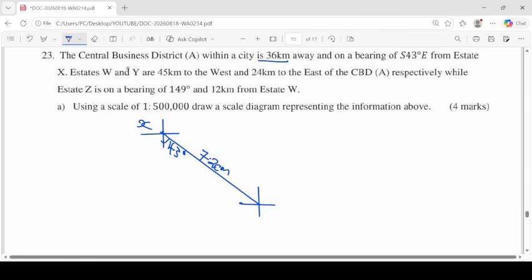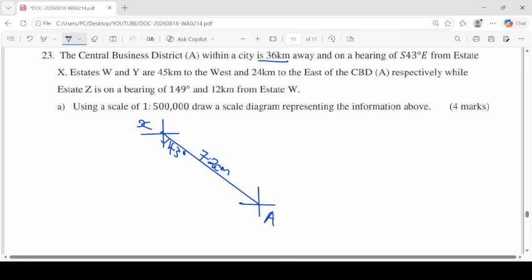Then estates W and Y: W is 45 kilometers to the west, and Y is 24 kilometers to the east of A. So if this is my A, we have W, which is 45 kilometers. So 45, you change it to centimeters by multiplying by 100,000, then you divide by 500,000.